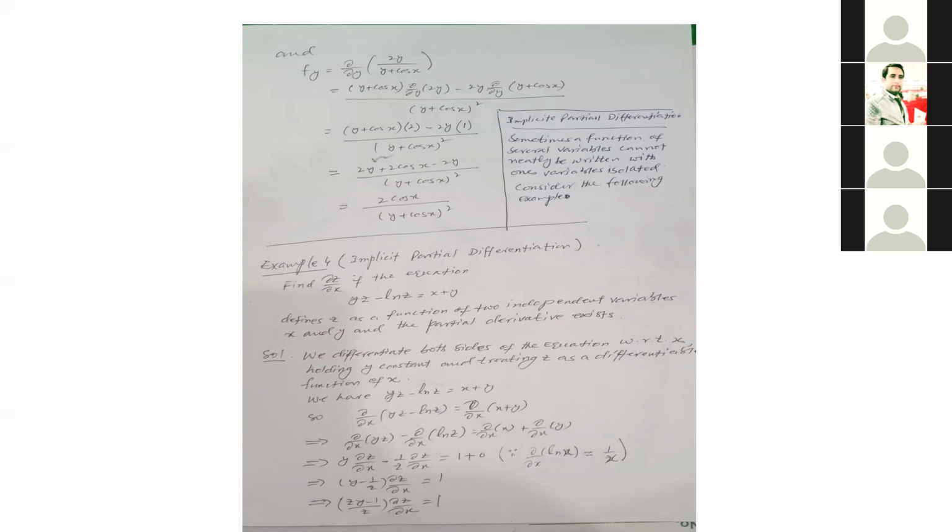And we have to find this derivative of the function z with respect to x. So we write z on one hand side and the other variables on the other hand side, and then we take derivative of both sides with respect to the function, right?